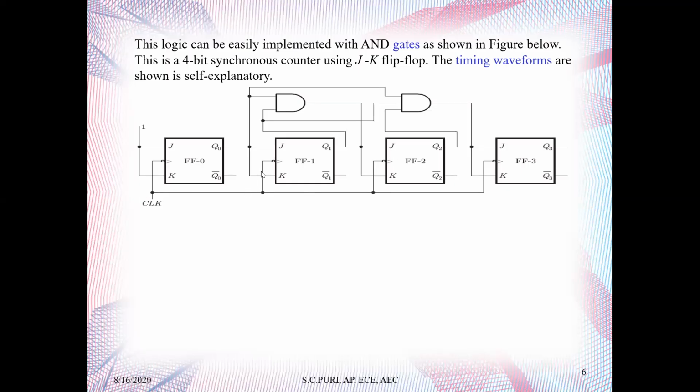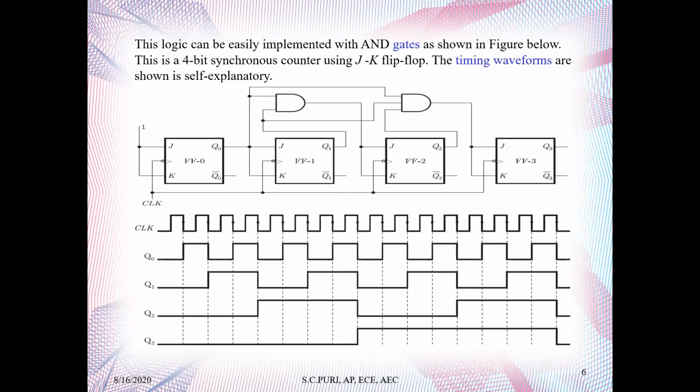You can see here it is driven with the same clock, and simply using AND gates we can obtain this. This is a 4-bit synchronous up counter operation.